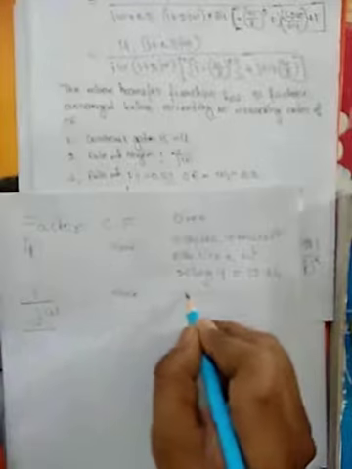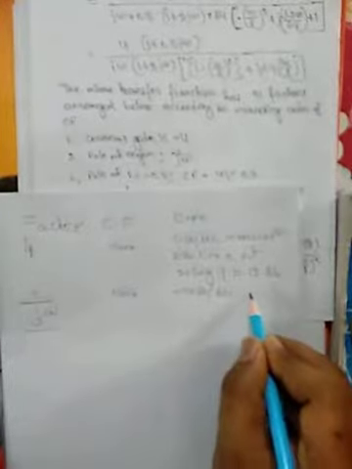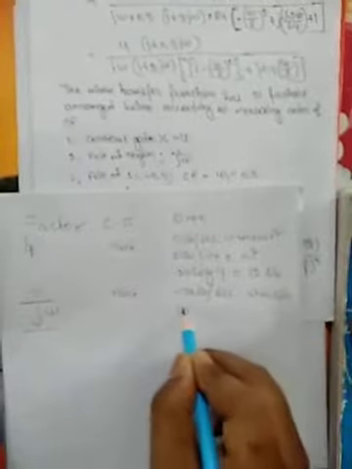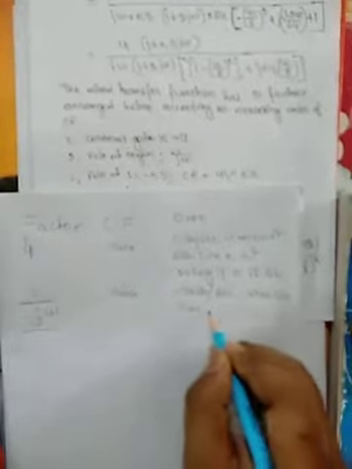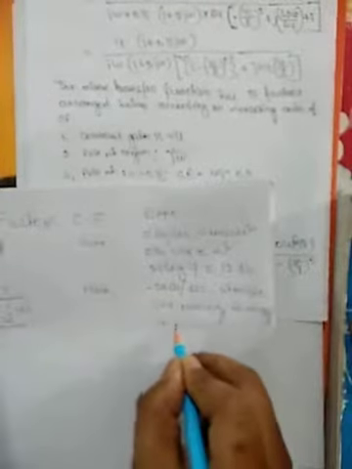Slope is minus 20 dB per decade. It is a straight line passing through omega equal to 1.